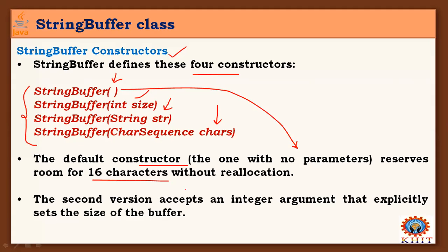The second version accepts an integer argument, size, that explicitly sets the size of the buffer, the size of the buffer where you are going to store the string value for an object.